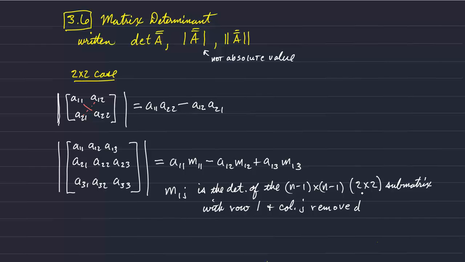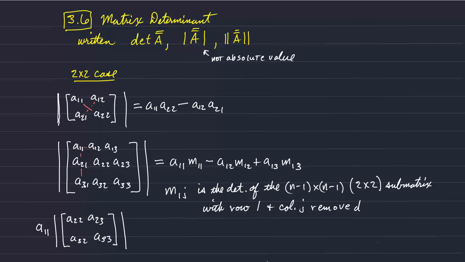So if we write that out, we have A11, and if we remove the first column and first row, we're left with this lower submatrix, and we're taking the determinant of that: A22, A23, A32, A33. And I hope you can see that that's the submatrix with the first row and first column removed.